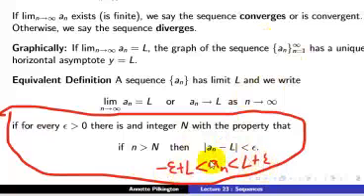So this is your ribbon. Yeah, this is your ribbon.